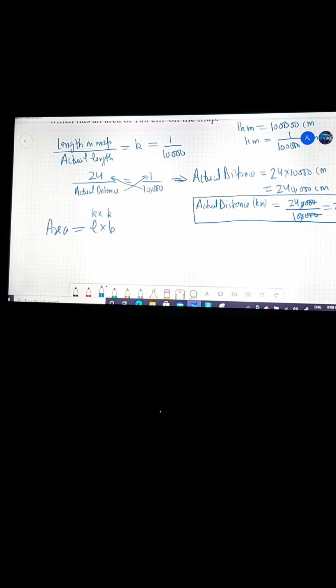Now when it comes to area, what will happen in case of area? We know that area is length into breadth. So that means the scale factor is applicable for length as well as for breadth. So when we compare area of model or map to actual area, that would be equal to k square.